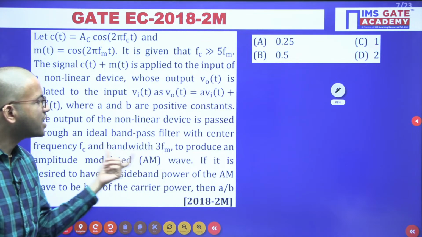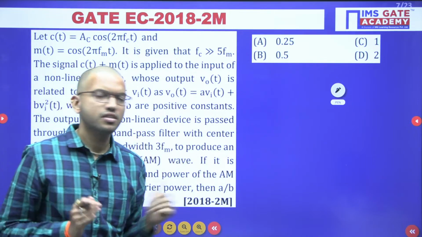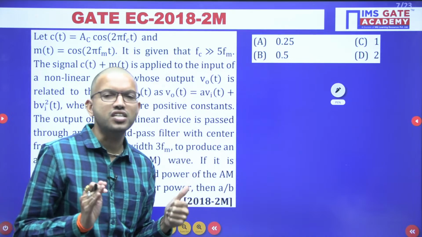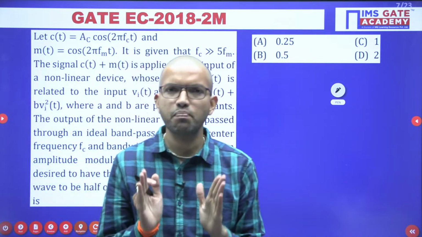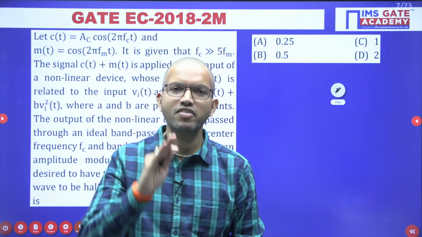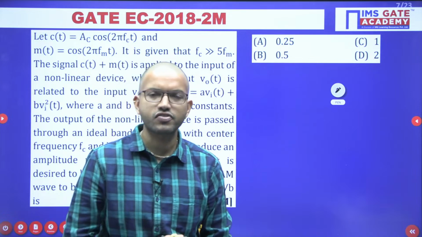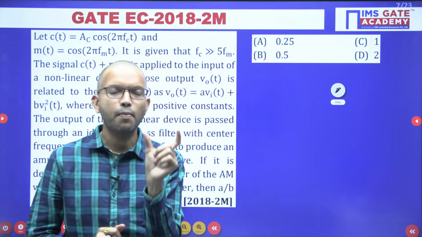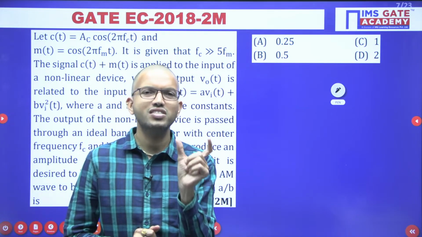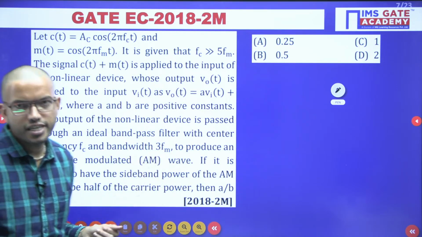That means it passes a band of frequencies centered around fc. It has an upper cutoff frequency and a lower cutoff frequency, and the difference between them is nothing but the bandwidth, which they mentioned as 3 times fm.